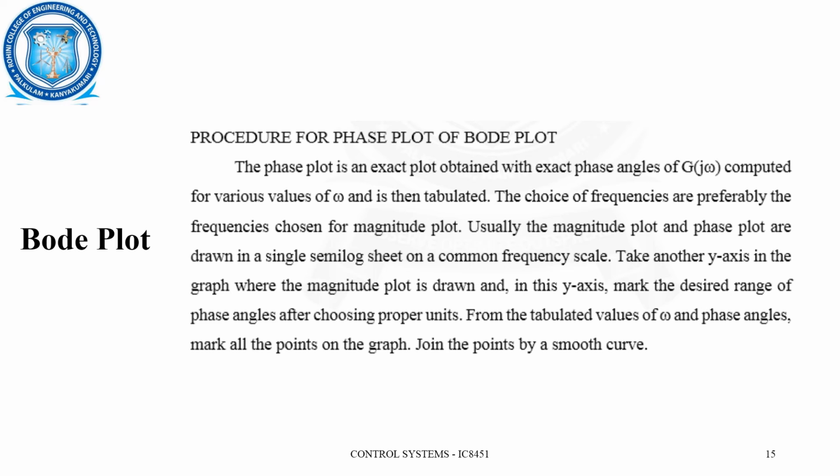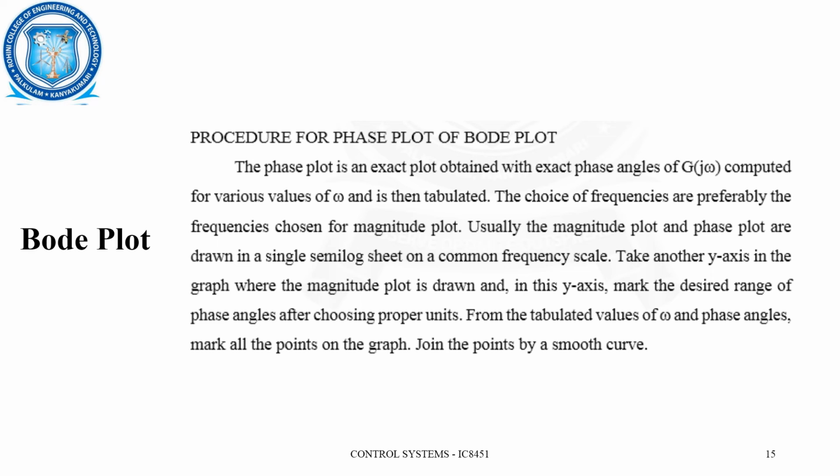In such a way, we'll be getting increasing or decreasing phase values. It can be marked with another y-axis taken in the graph. On the right-hand side, you can mark it, or in the graph sheet itself, the top layer can be used for the magnitude value and the bottom layer for the phase value, whatever it is, that's up to our choice.